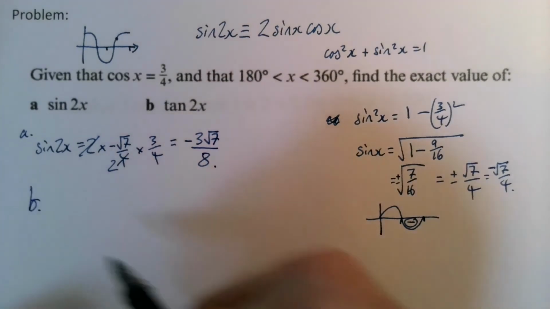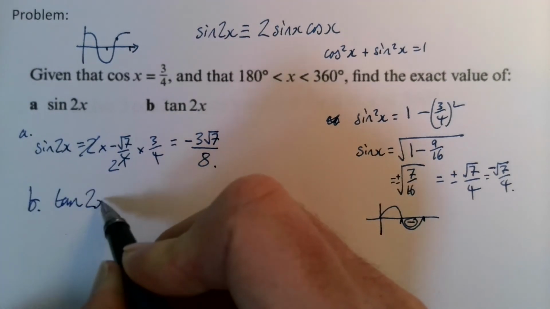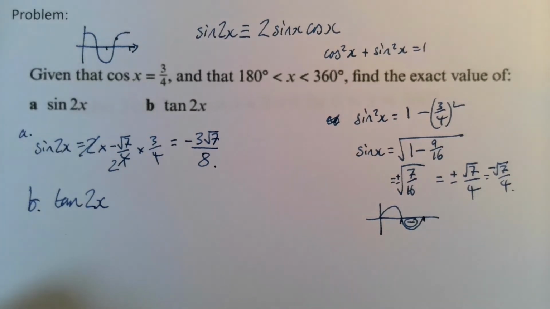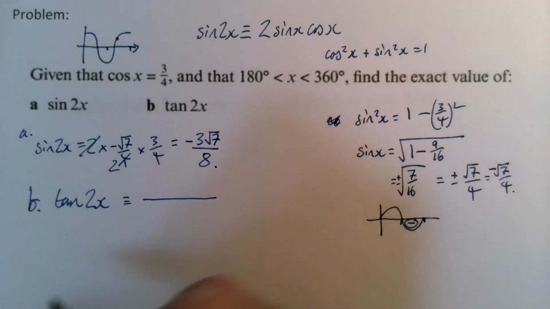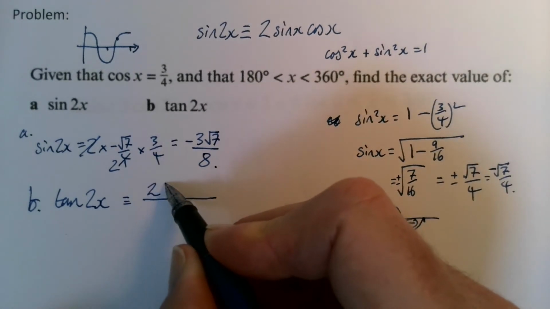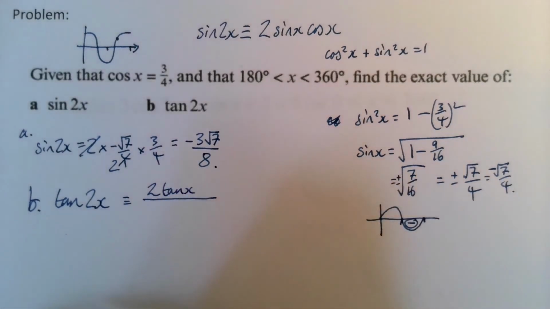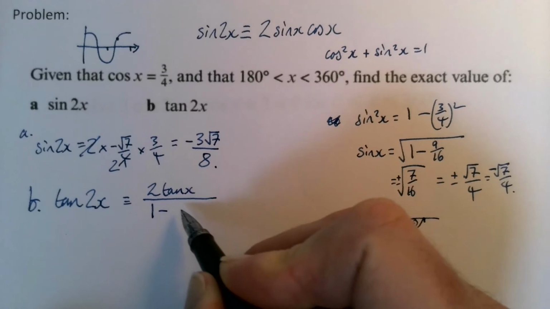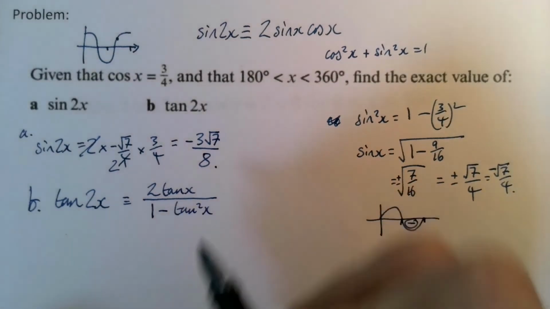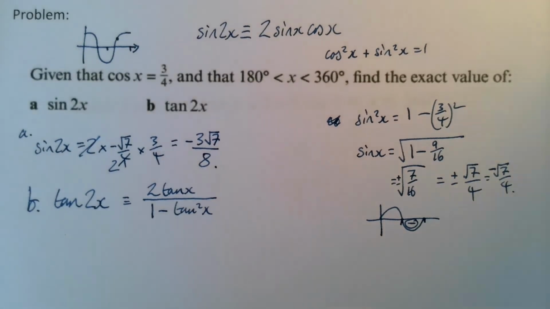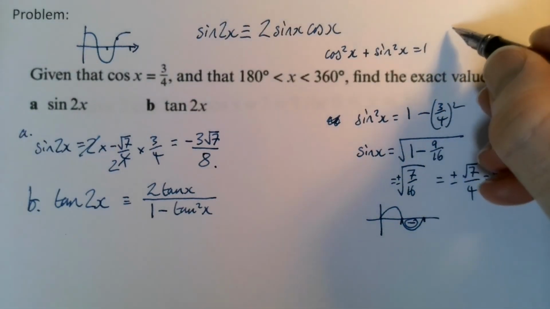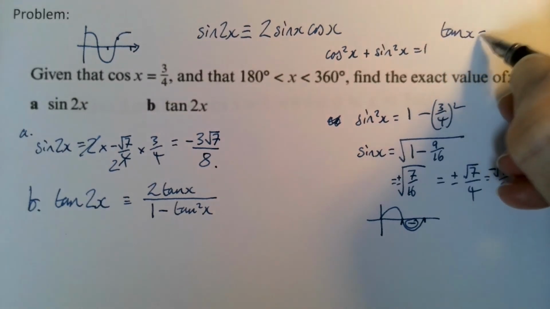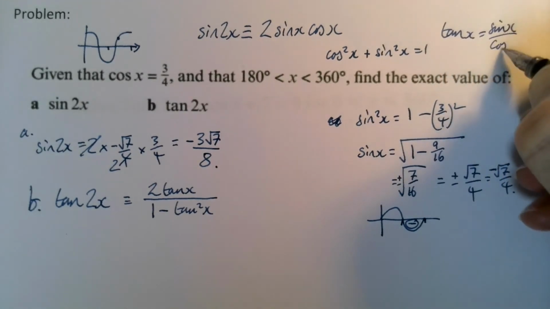And then part B, tan 2x. Well, we know that tan 2x is identical to 2 tan x over 1 take tan squared x. Before we go any further, we need to know what tan x is, because we know that tan x is always equal to sine x over cos x, isn't it?